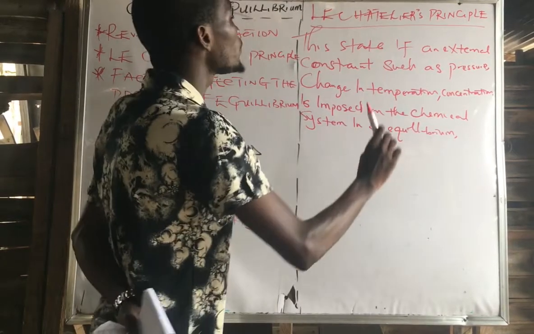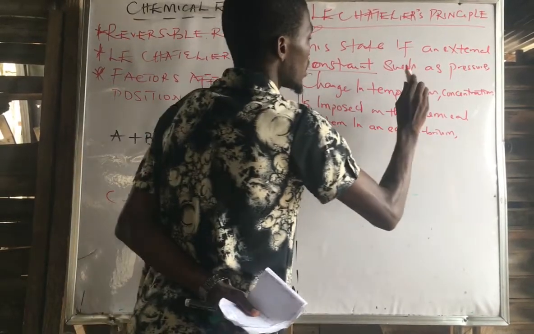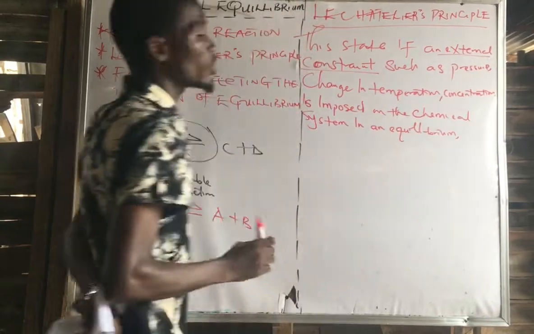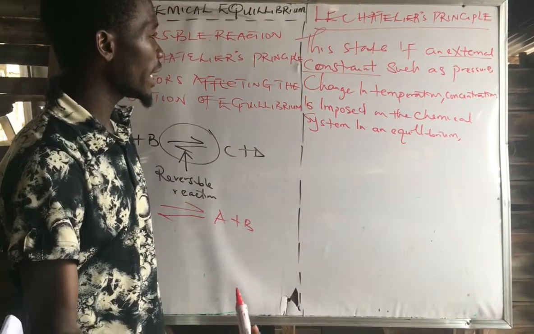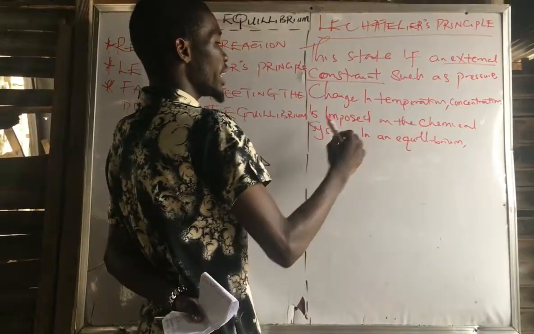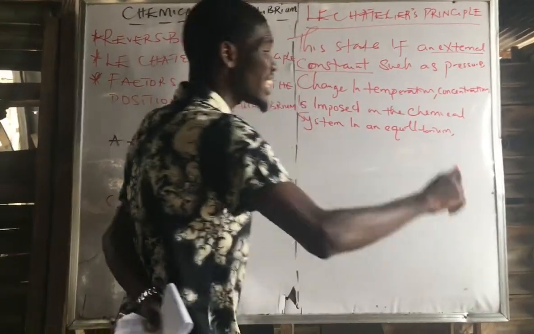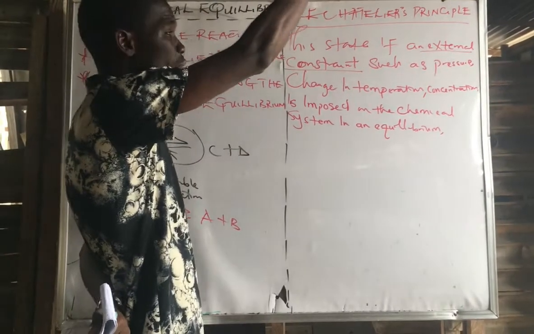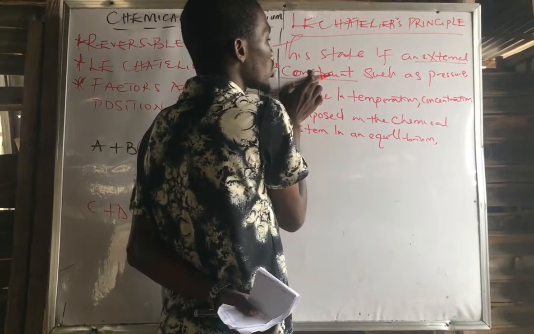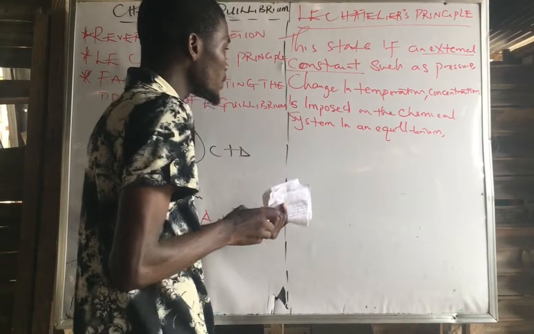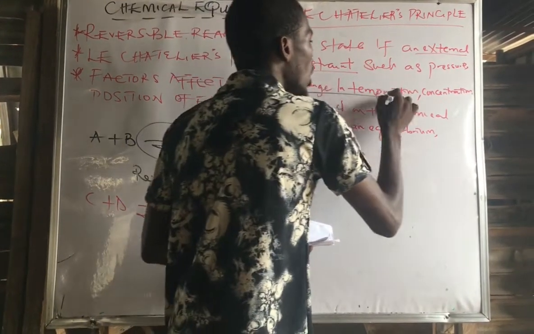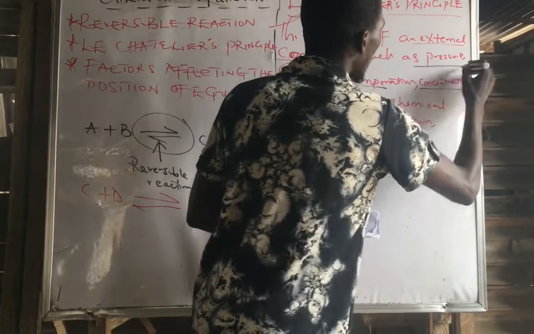So if this external constraint, as I said earlier, is imposed on the chemical system in equilibrium, what will be the effect of Le Chatelier's principle on this external constraint, such as temperature, concentration, and pressure?